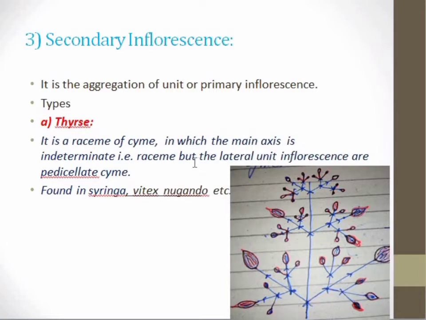So the main axis is indeterminate, i.e. raceme, but the lateral unit inflorescences are pedicellate cymes. The flowers have pedicels, that's why it is pedicellate, but old flowers are at the top showing determinate growth, so this is a cyme. Found in Syringa, Vitex negundo or Marwan. This type of inflorescence is found in these plants.